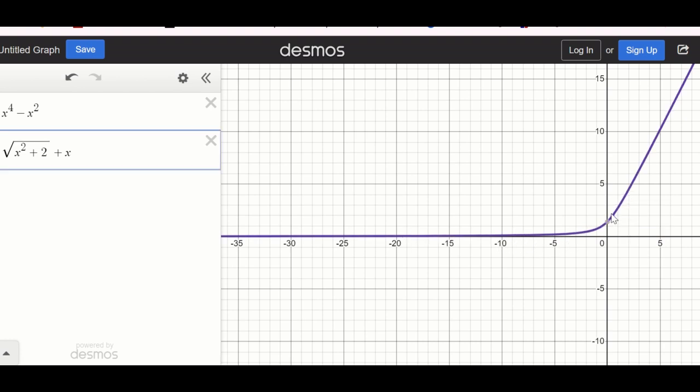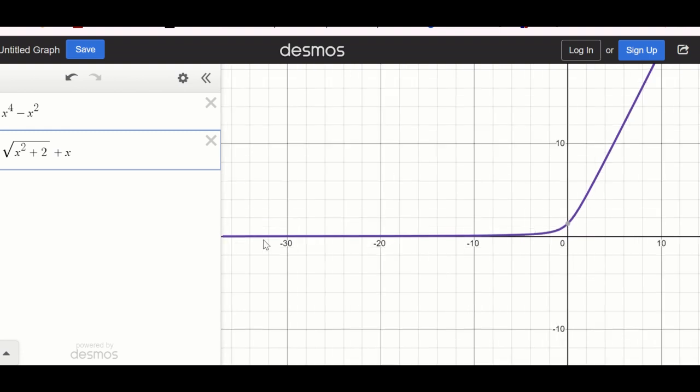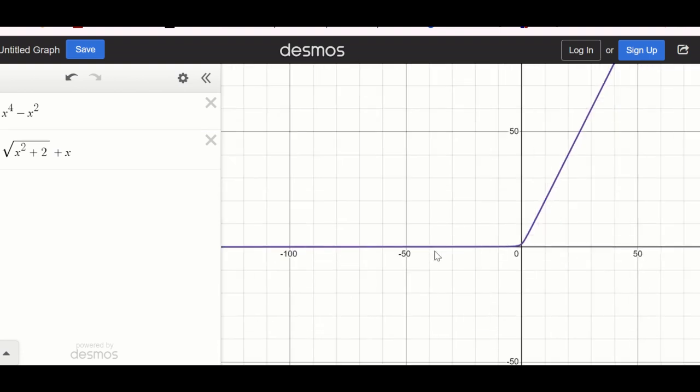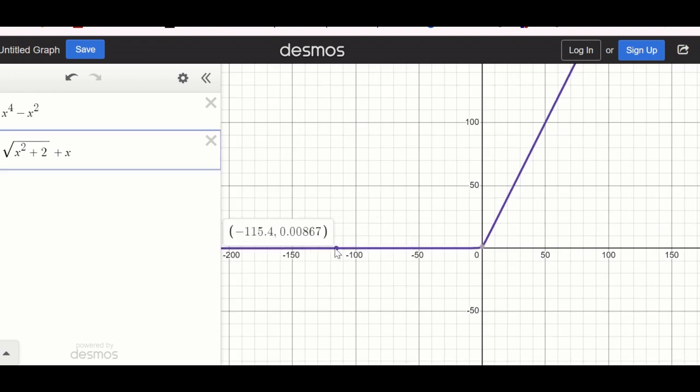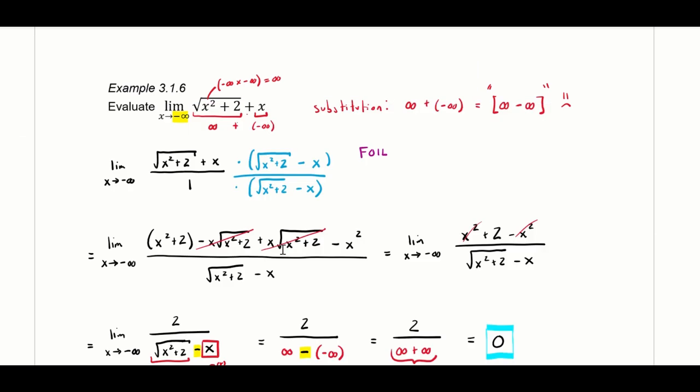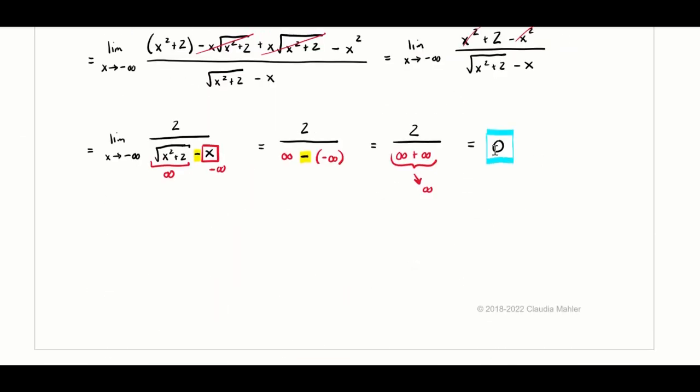It's getting closer and closer to 0, the further to the left that we go, taking x to negative infinity. So if we were able to keep going here, we would see that this function would get closer and closer to 0, which is exactly what we said for our limit.